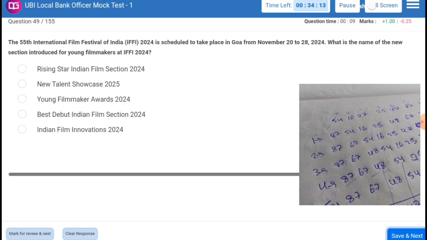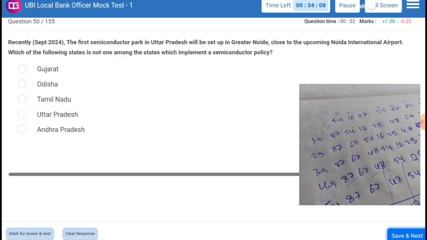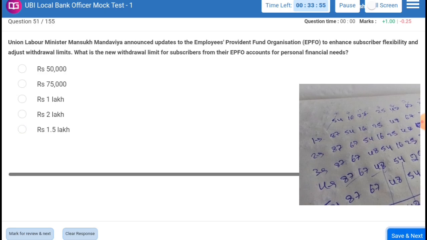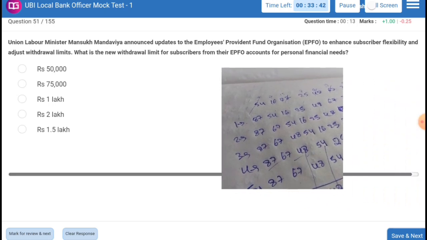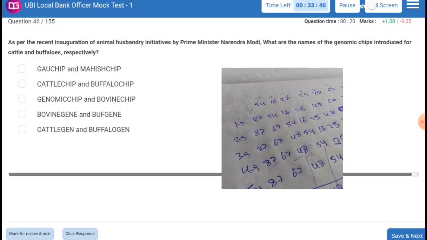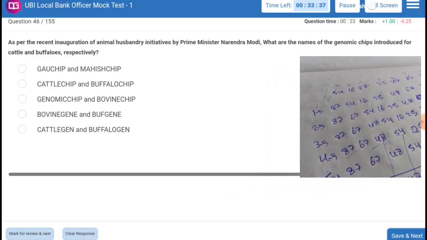What is the new section introduced for young filmmakers? Andhra Pradesh, I think. I think 50,000. So we have doubt on this.